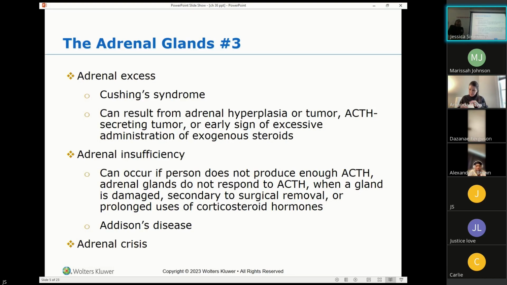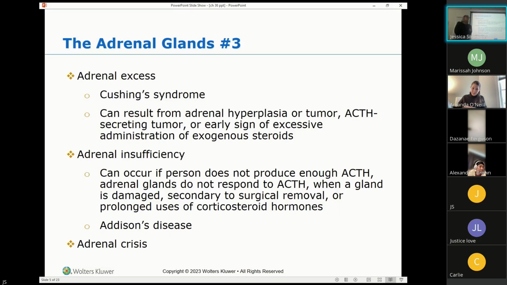An ACTH secreting tumor, or an early sign of excessive administration of exogenous steroids. Today's going to be a day, exogenous steroids.